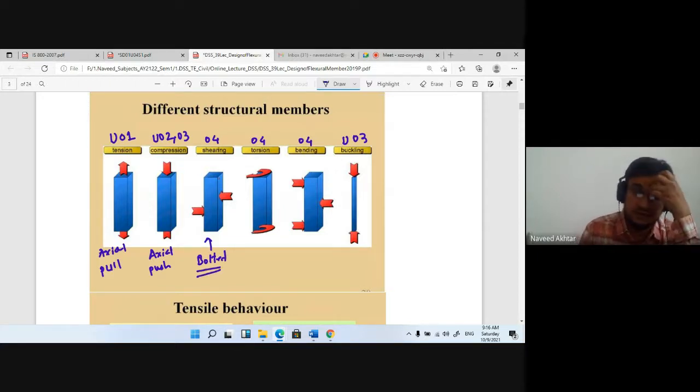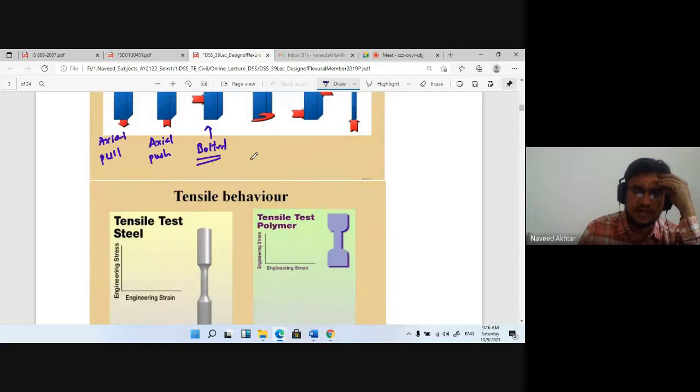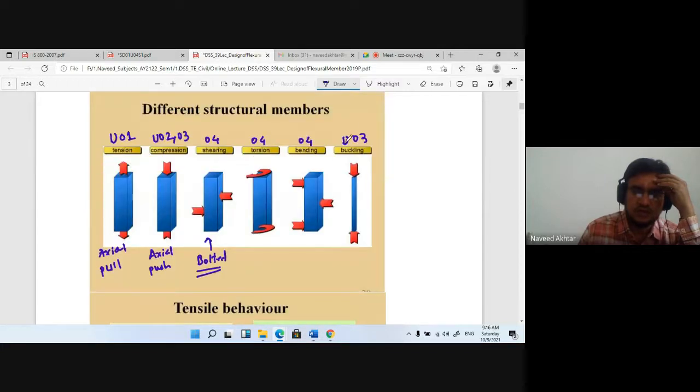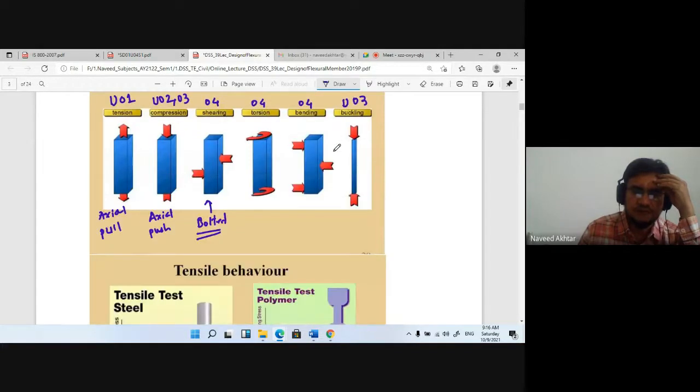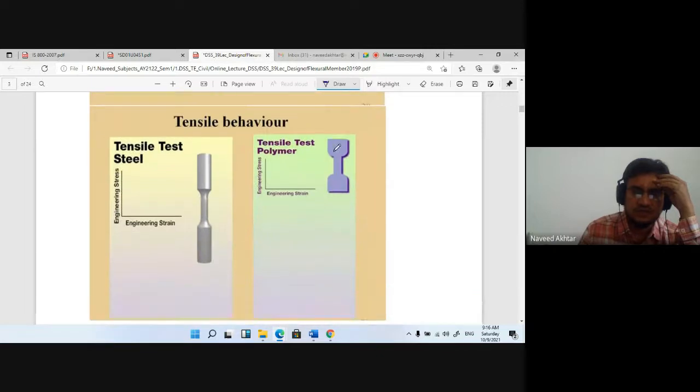And then we will see the lateral torsional buckling. We have seen the lateral buckling of the column due to axial load and moment. Also, in unit number 3, we have designed the eccentrically loaded column, and also the column bases.